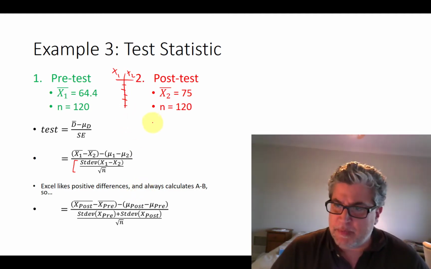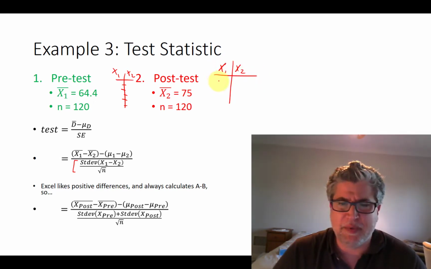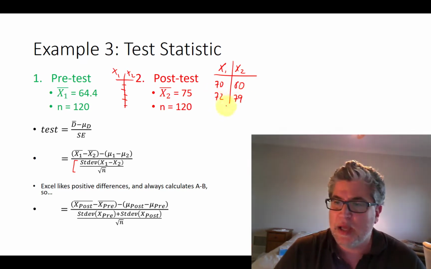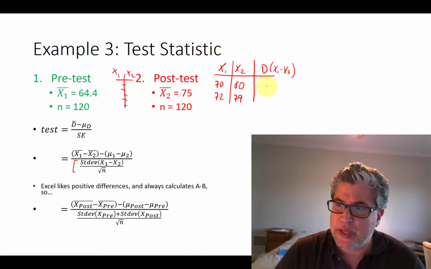So let me just write that again. You've got x1, you've got x2. Let's say that one person scored a 70, then they scored an 80. Someone scored a 72, they went up to a 79, and so forth. The difference, which we'll call x1 minus x2, here is negative 10.